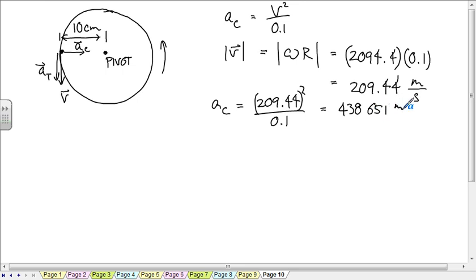That's 438,651 meters per second squared. And so the centripetal acceleration vector, we know it's pointing in the positive x direction, so that's positive 438,651, 0.